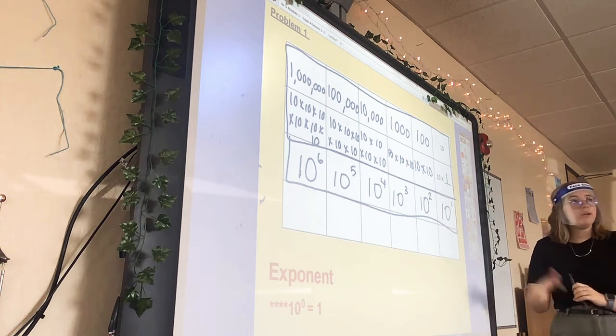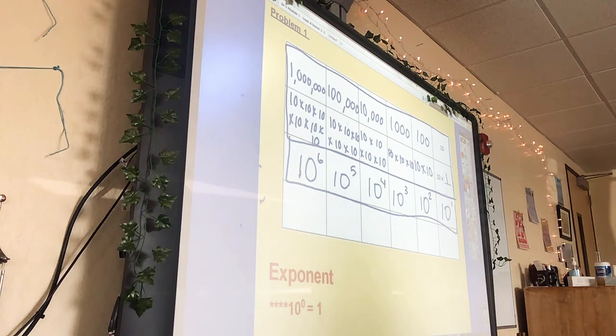What patterns do you notice in this chart that we just made? Ready, go. 5, 4, 3, 2, 1, 0.